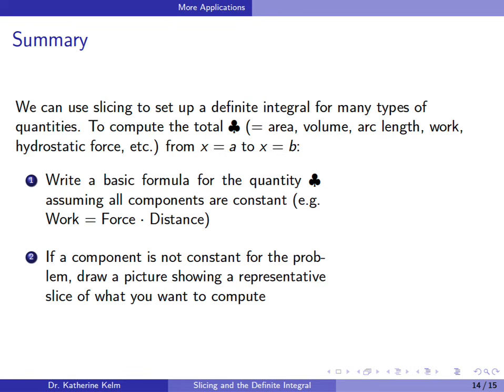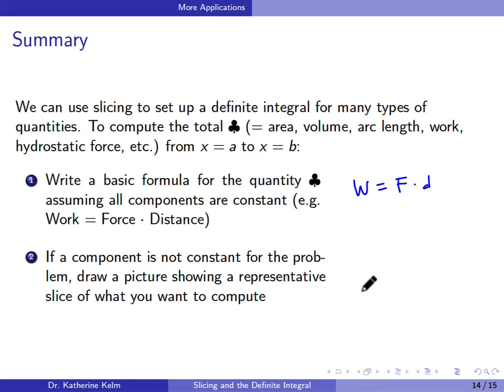In summary, we can use slicing to set up a definite integral for many types of quantities. So to compute the total quantity from x equals a to x equals b, we saw that we could follow this general procedure. We'll write a basic formula for the quantity, assuming all components are constant. For example, work equals force times distance.